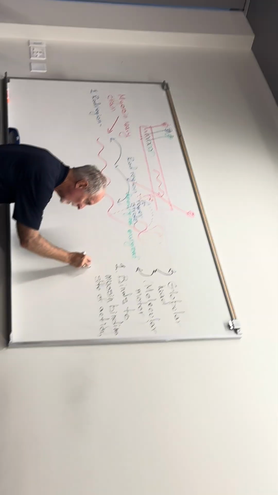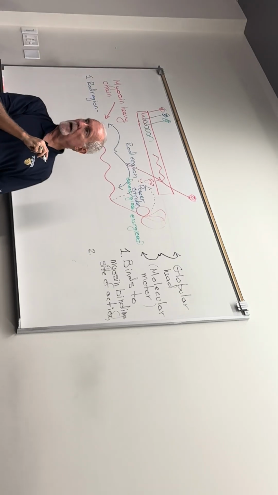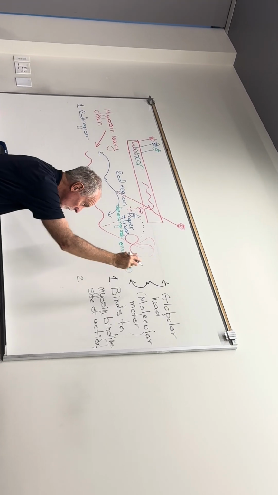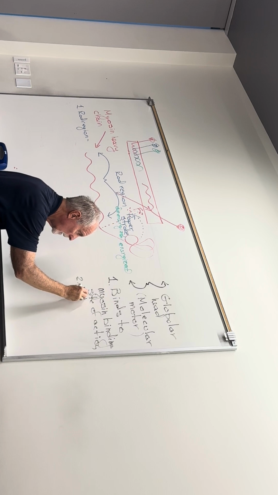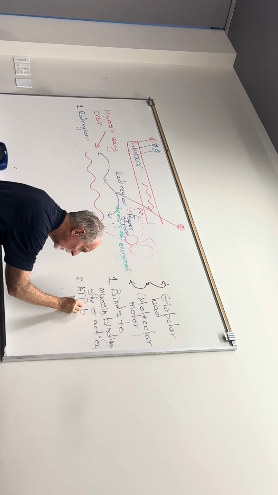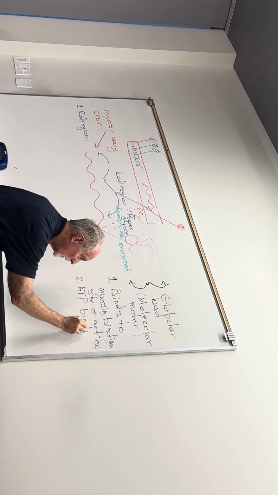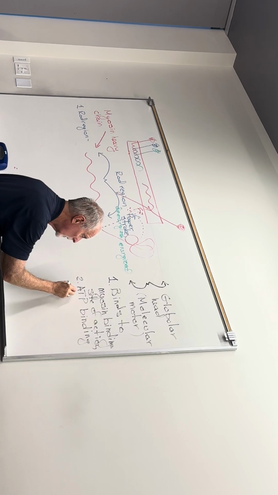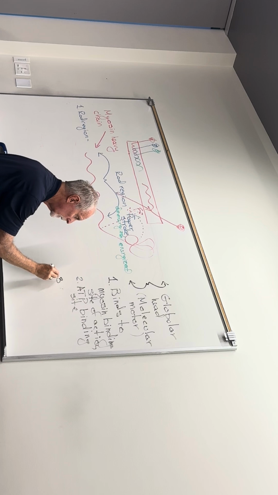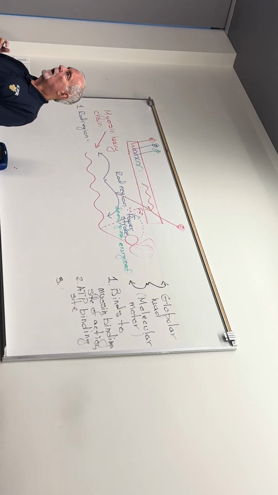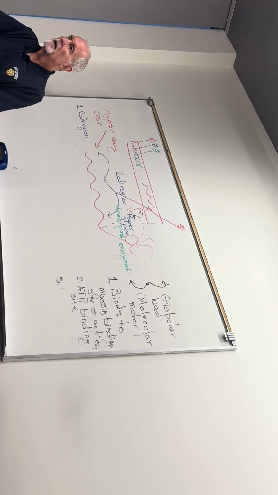Two, we know that there's an ATP binding site located in the globular head. Three, write this in your notes. The myosin molecule is an actin-activated ATPase.